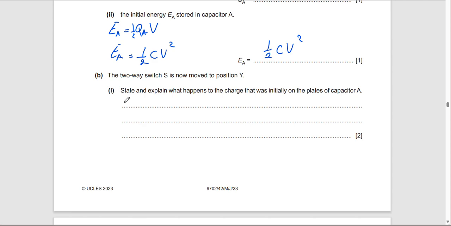Okay, so charge flows from capacitor A to capacitor B, right?